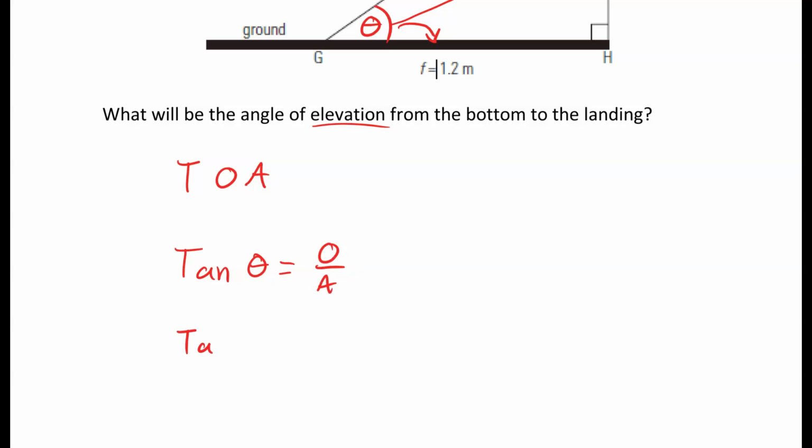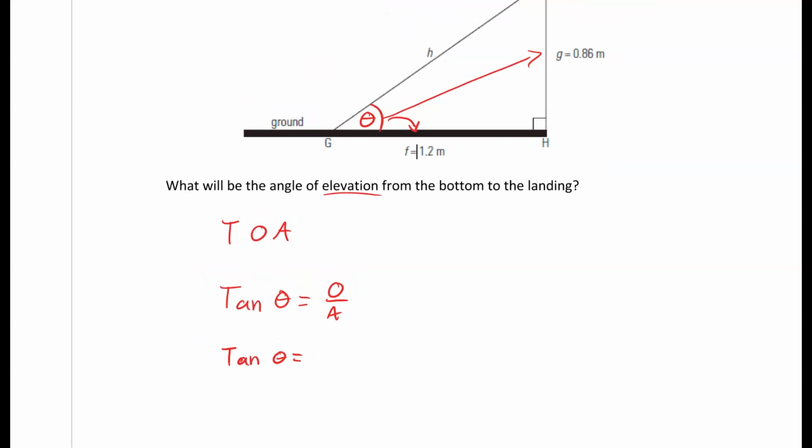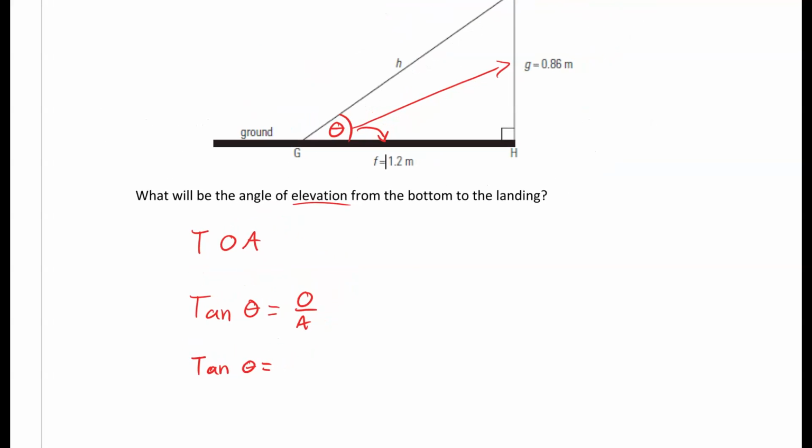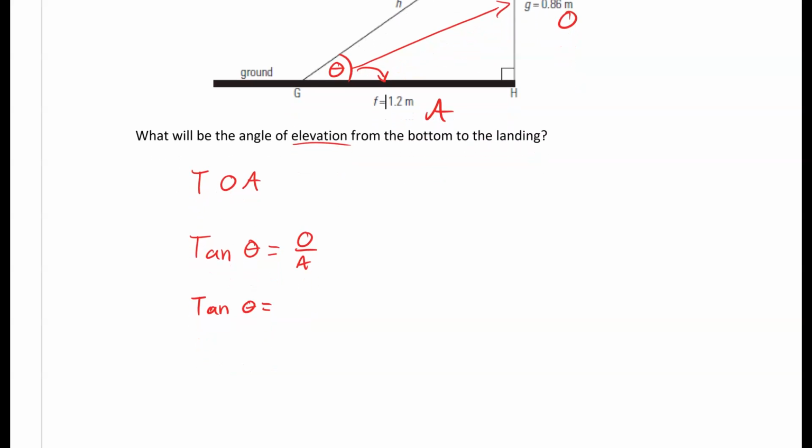Next, looking back at our diagram, tan theta equals opposite over adjacent, 0.86 divided by 1.2.